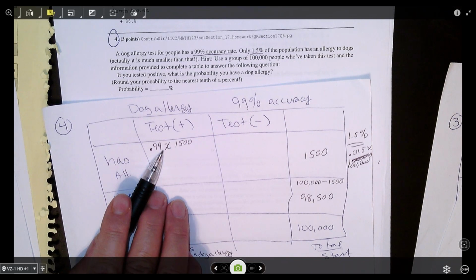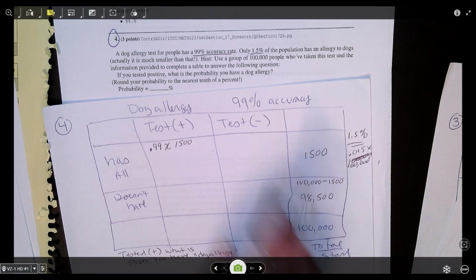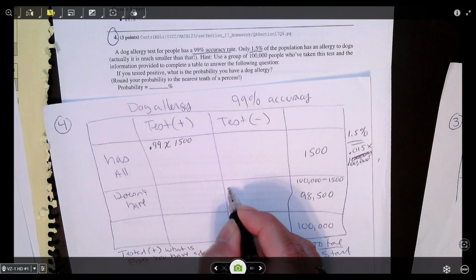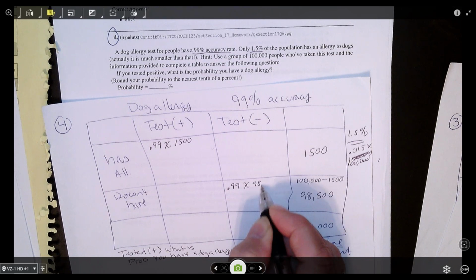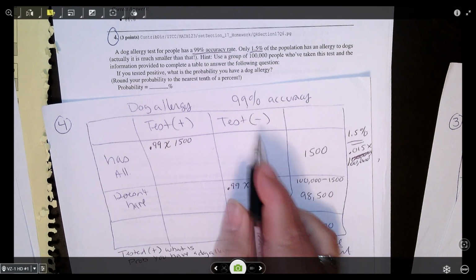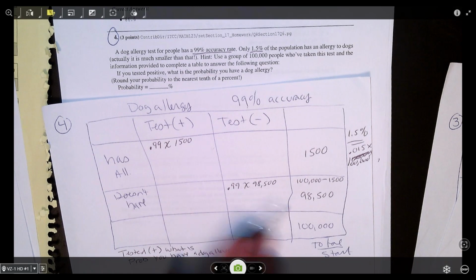Because to be accurate, if you have it, you should test positive. If you don't have it to be accurate, you should test negative. So down here it would be 0.99 times 98,500 under the negative column. Because to be accurate, if you don't have it, you should test negative.